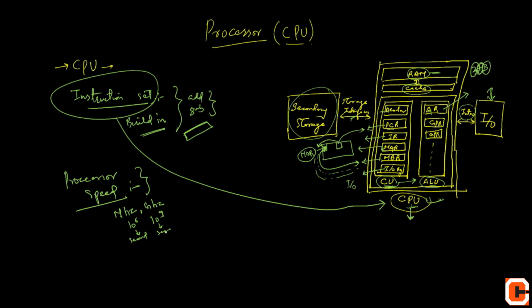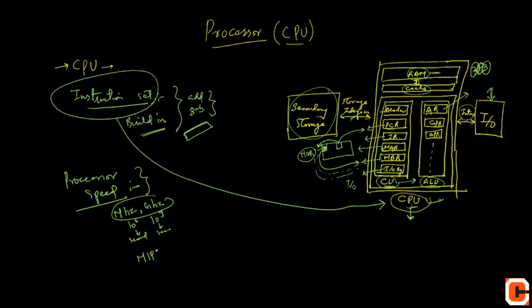Normally we measure the processing speed of personal computers in megahertz and gigahertz. But for workstations, minicomputers and mainframe computers, we measure them in MIPS.